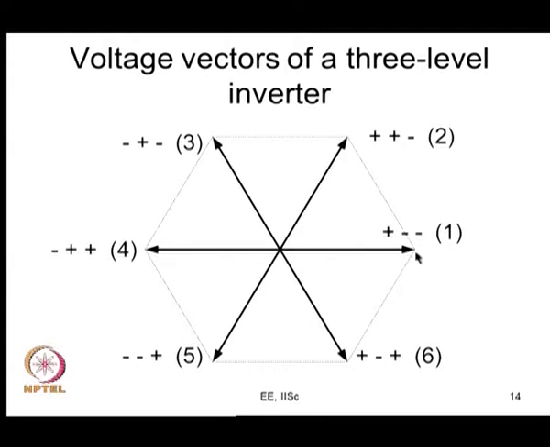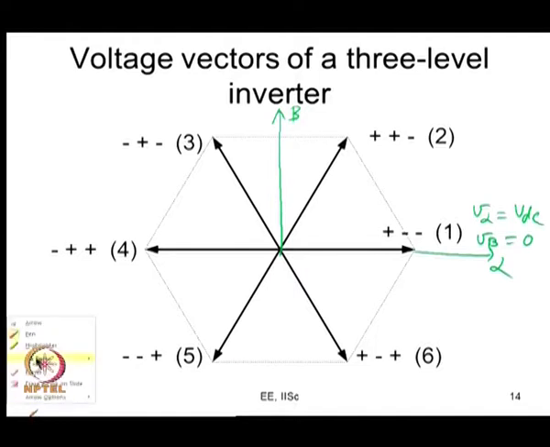The vector is the same thing, it will be VDC. So, this is your alpha axis and this is your beta axis. Maybe it may be good for me to indicate the alpha axis and beta axis. So, you have V alpha equal to VDC and V beta equal to 0 for this case. So, you have this vector as we have drawn here now.